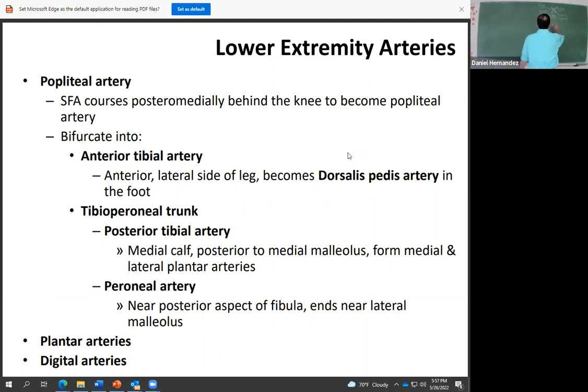So SFA courses down the thigh. I'll draw a little knee here. So at the level of the knee, that SFA becomes the popliteal artery. This is now popliteal. That popliteal artery then bifurcates into the anterior tibial artery and then the tibial peroneal trunk.